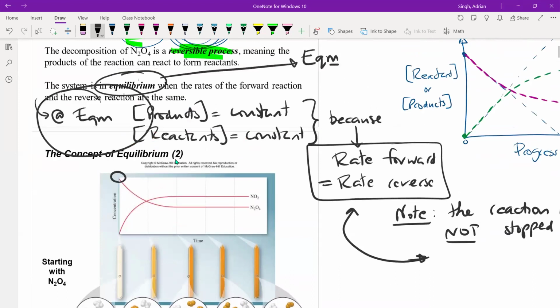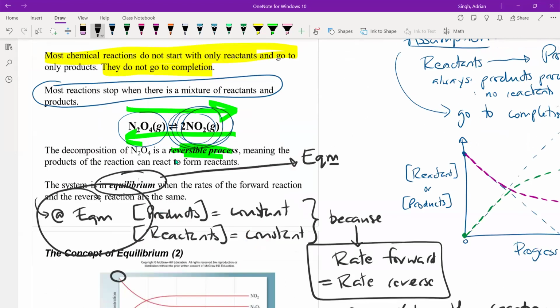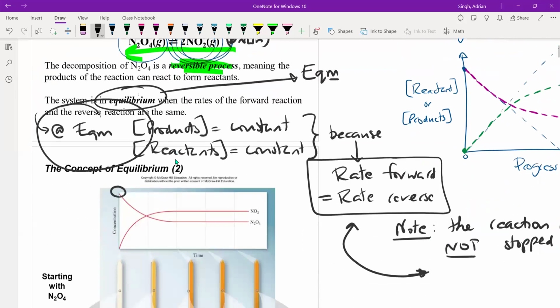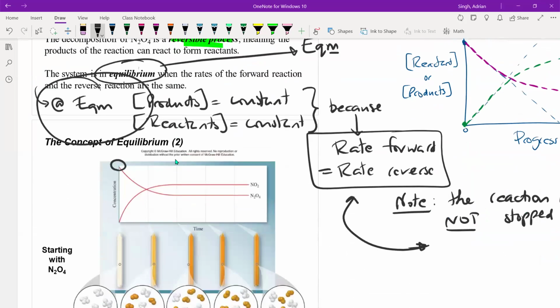So the N2O4 is colorless, whereas the NO2 is brown. So as this reaction proceeds, we generate more NO2, the brown color will start to increase, right? So this is what we're noticing down here. And at some point, maybe around this time, the brown color stays the same.